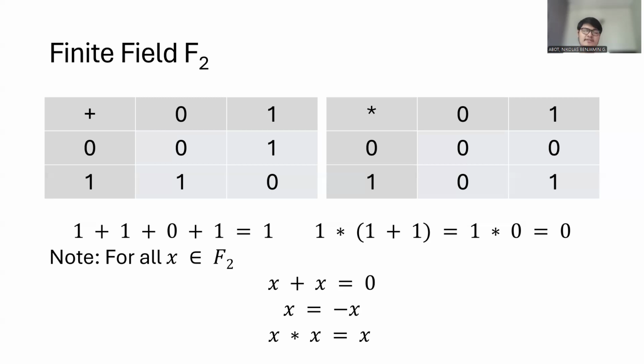Effectively, this means that the mentioned condition before about a vector summing to an even vector is now reduced to simply a vector that sums to 0, which is easy to work with. Note that in this case, the sum of any two equal elements is 0, any element is its own additive inverse, and the square of an element is itself. These are useful properties that will simplify much of the computation.